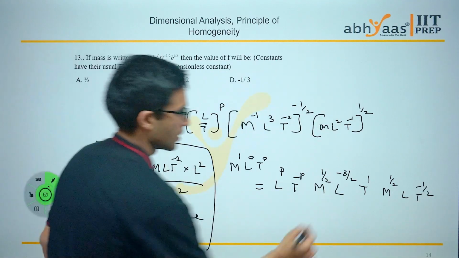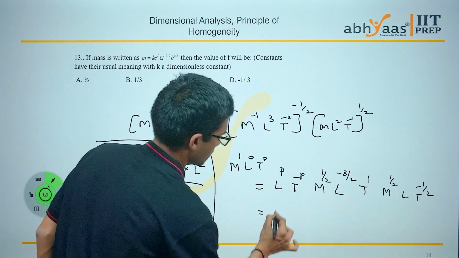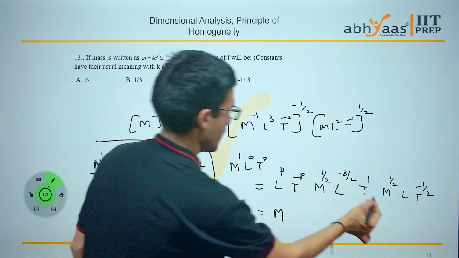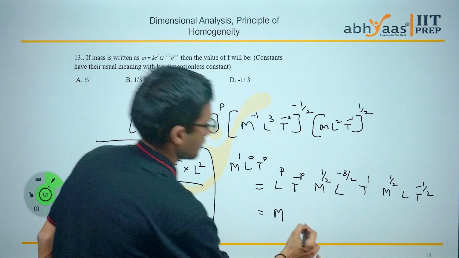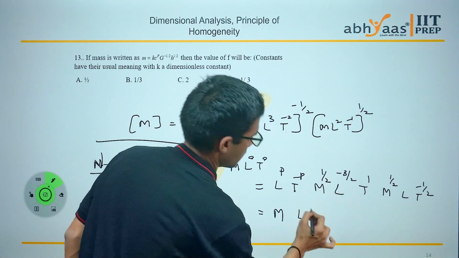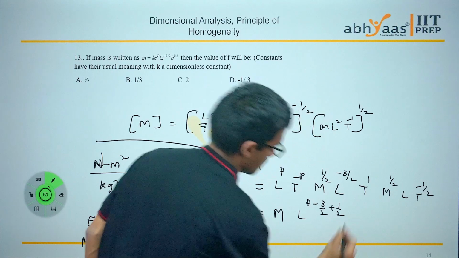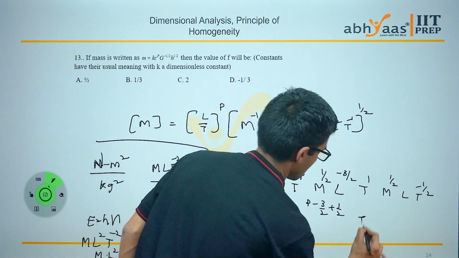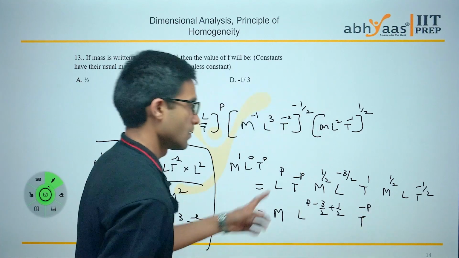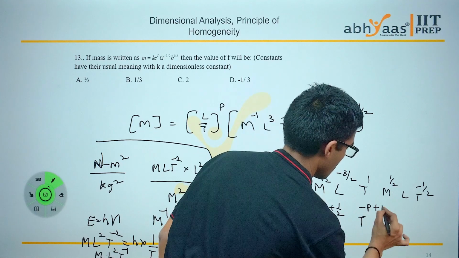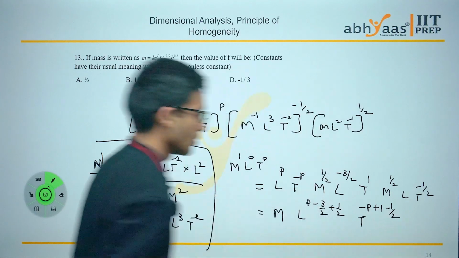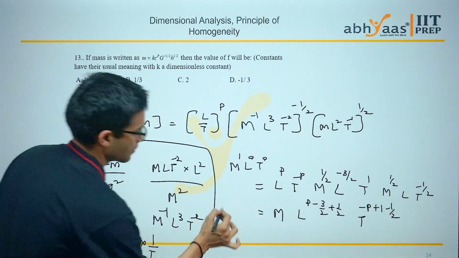Now you have to equate. M power 1 by 2, that is M. L power P, here L power P minus 1 by 2, minus 3 by 2 plus 1 by 2. Next, T power minus P plus 1 minus 1 by 2. You can take two things.